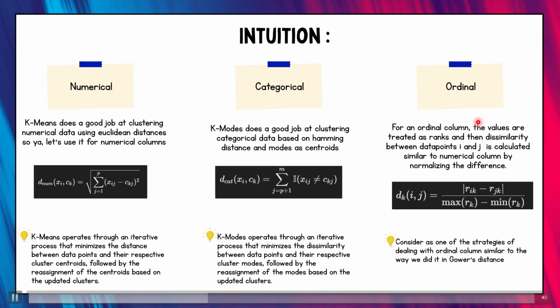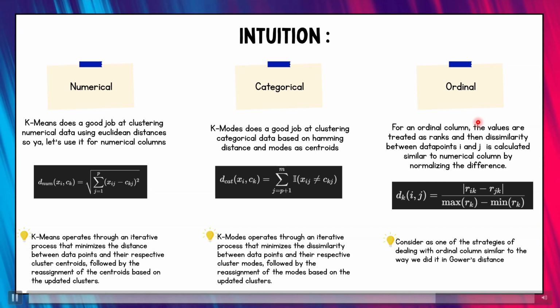We ordinal encode them. So if we have three values, say high school, bachelor's, and master's, we just encode them as 0, 1, and 2. So now we have ranks for them. Now after encoding them, we simply consider them as a numerical column, okay?